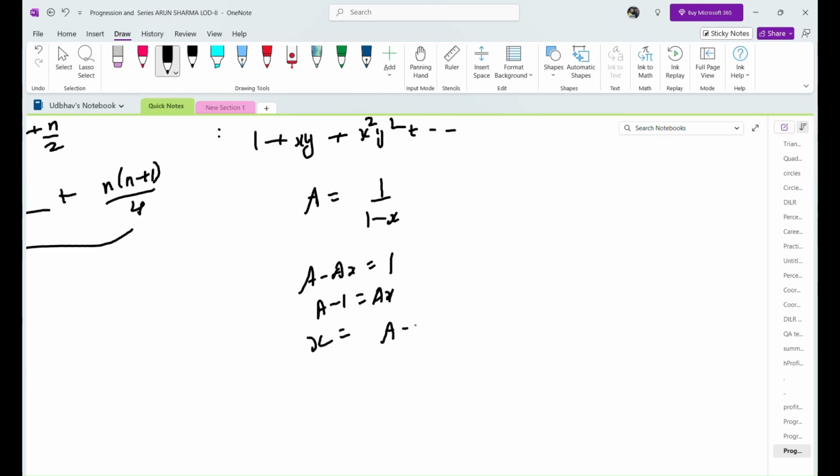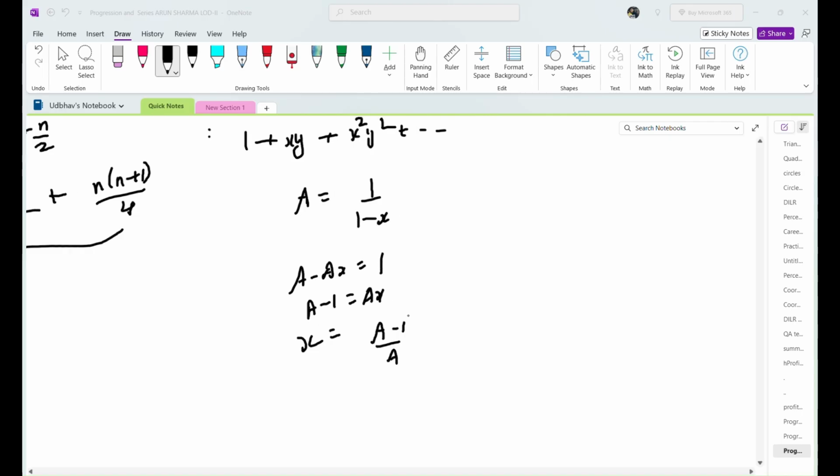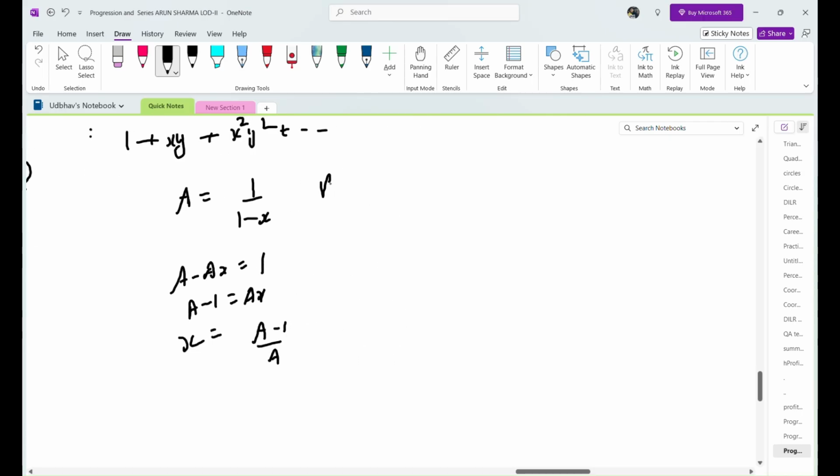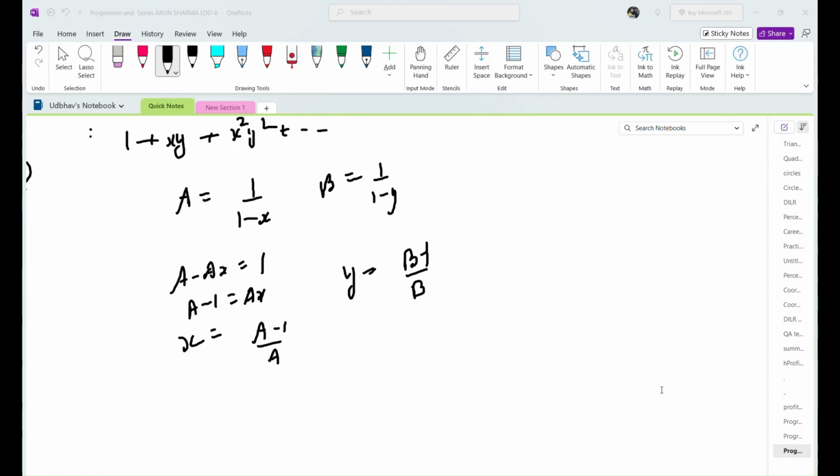So x equals a minus 1 upon a. And similarly, b equals 1 upon 1 minus y. So y equals b minus 1 upon b.